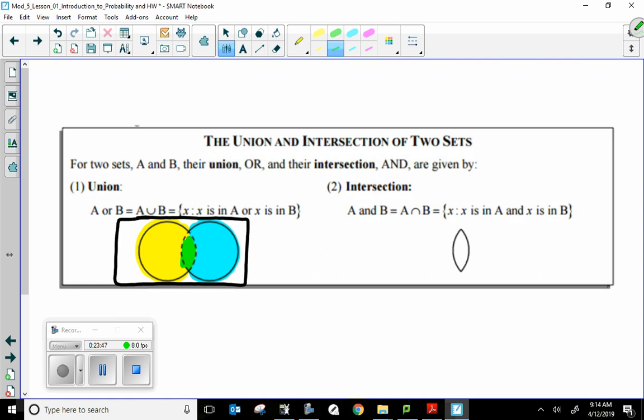So when I talk about union, I actually want this whole shaded area of the circles. I want the shaded area of all the circles. I just don't want to double count the middle portion. So union includes everything in the circles. Now I'm going to create 2 circles here again.